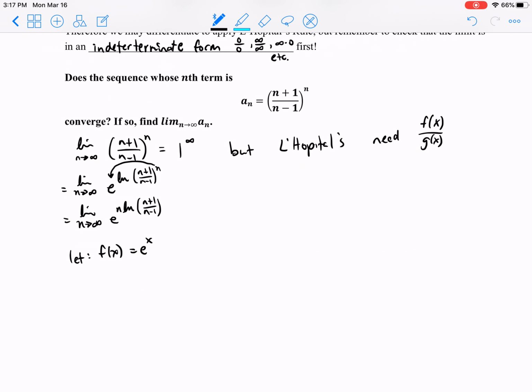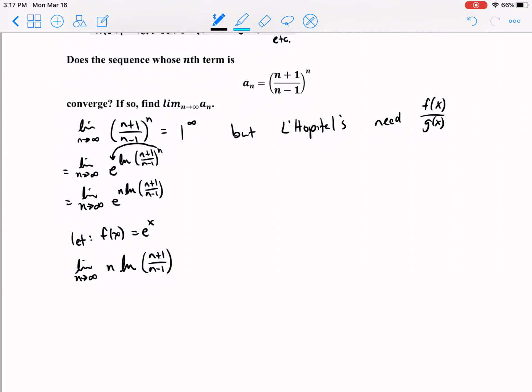So we need to look at the limit of what the exponent is, the x. So we're going to switch to looking at the limit as n goes to infinity of n natural log of (n plus 1 over n minus 1).